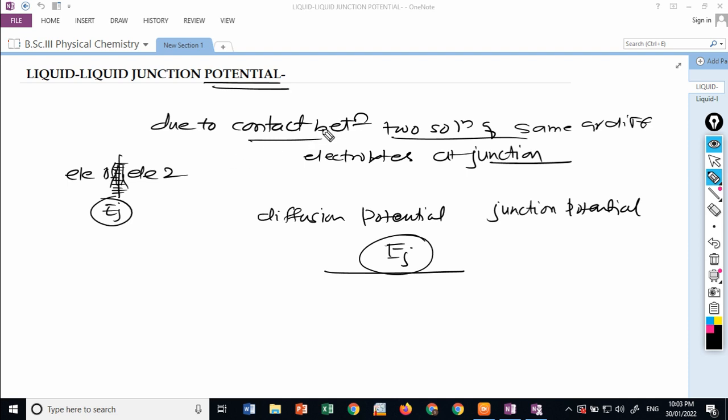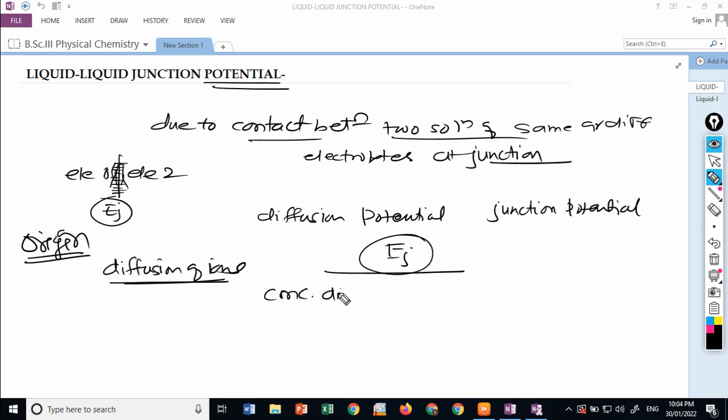We'll see its origin. The liquid junction potential arises from diffusion of ions. So we are talking about the origin, how it develops. It arises from diffusion of ions in the solution across the boundary due to concentration difference of two electrolytes.